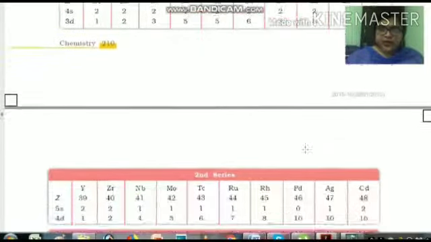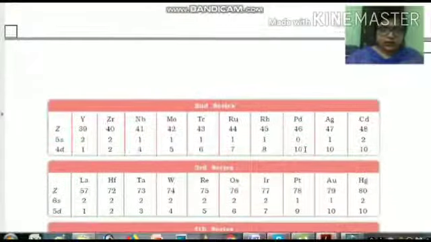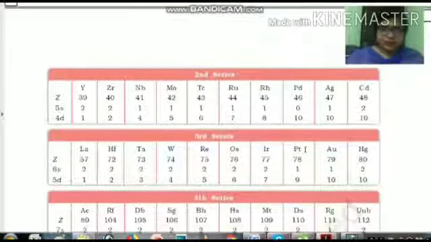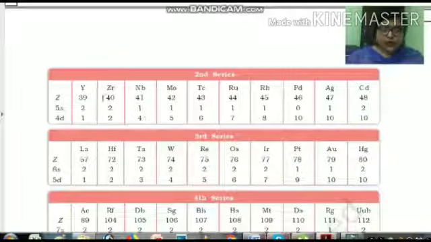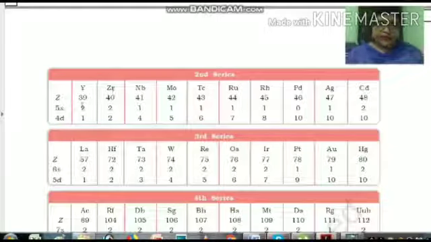Now see children, the electronic configuration of the second series, or you can say the 4d series: yttrium, zirconium, niobium, molybdenum, technetium, ruthenium, rhodium, palladium, silver and cadmium. The most important thing that you have to learn is palladium.